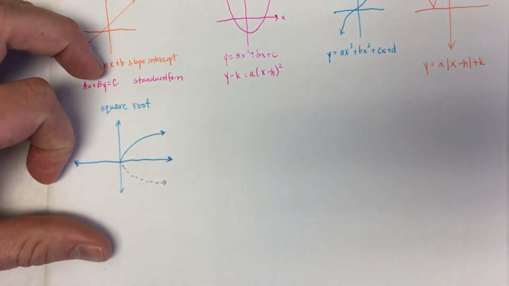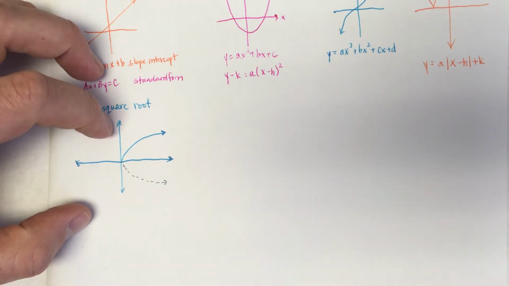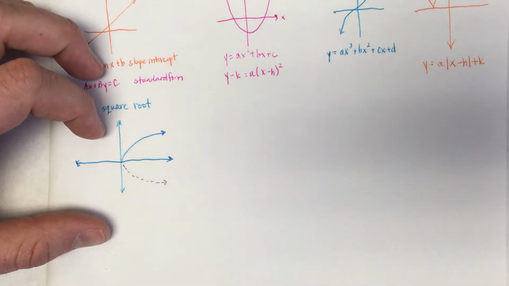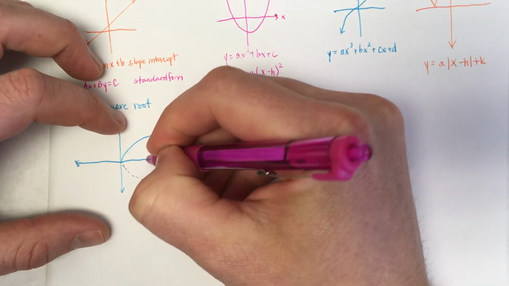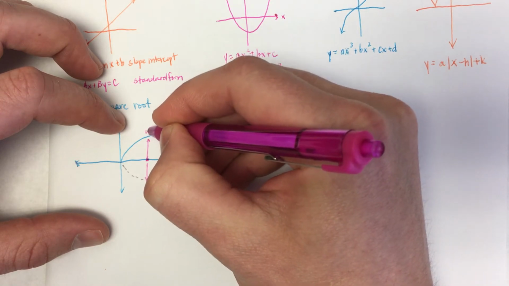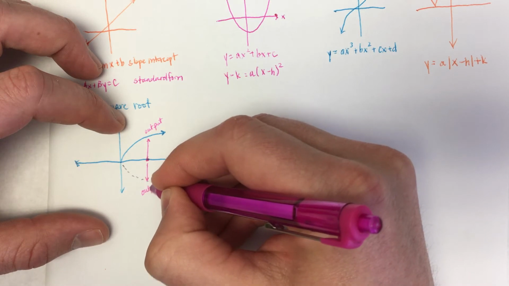And here's a prime example of a function that we restrict based on it not meeting the criteria of a function. Because if I look at this input right here and I tried to figure out what its output would be, there would be two outputs, an output here and an output there.